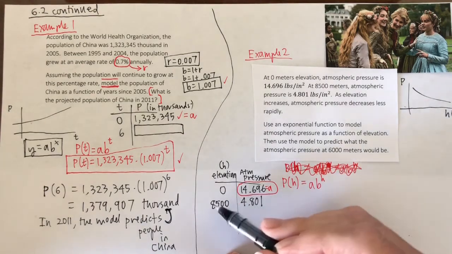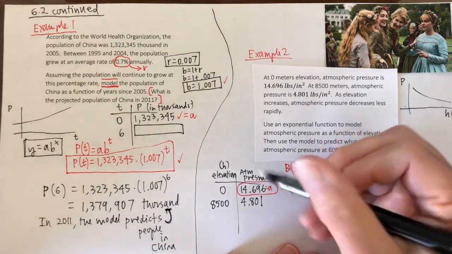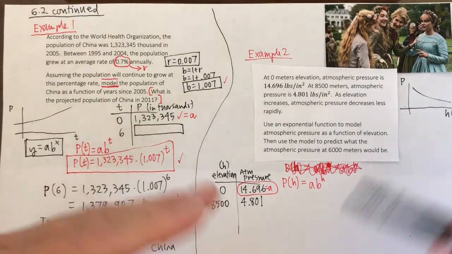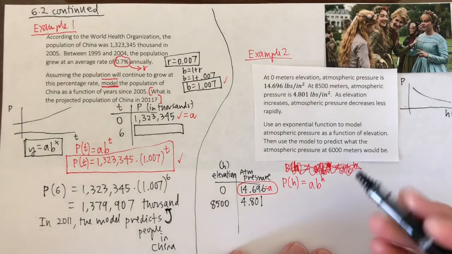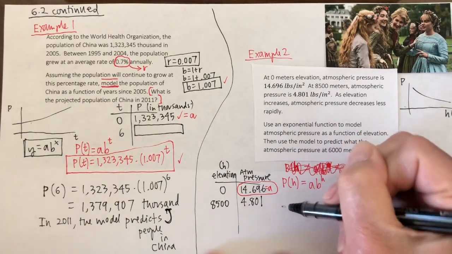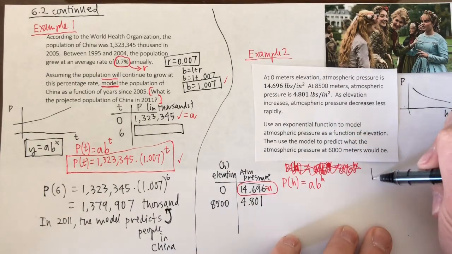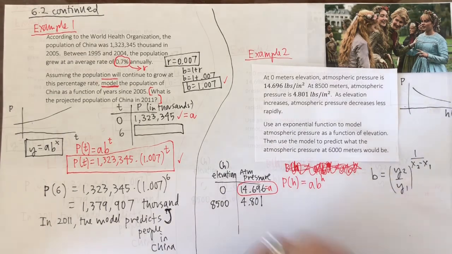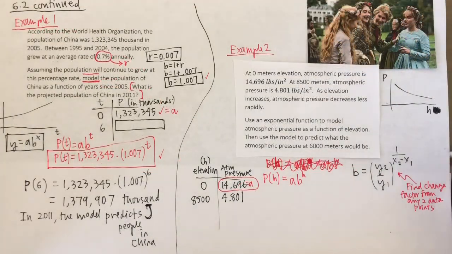And we have 2 data points. They're not really consecutive. So to get from this data point to this data point, we've been doing a series of multiplication by some change factor, and we need to discover what that is. We're going to use the formula b equals y2 over y1 raised to the 1 over x2 minus x1. This formula always allows us to find the change factor from any 2 data points.